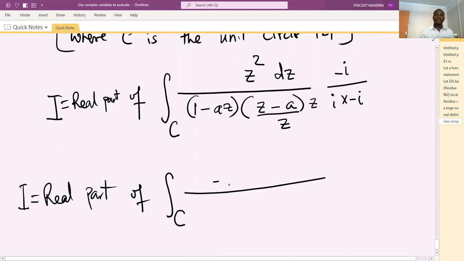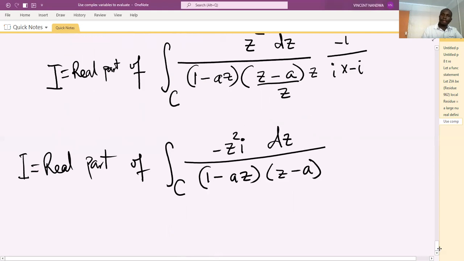I'll have negative z squared i dz. So this and this cancel out, so I'll have 1 minus az, z minus a.